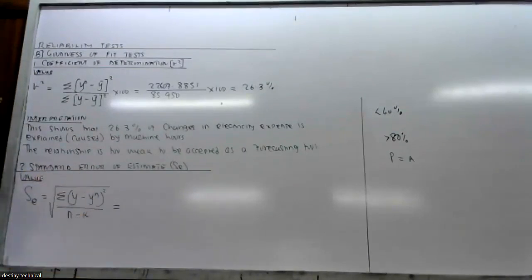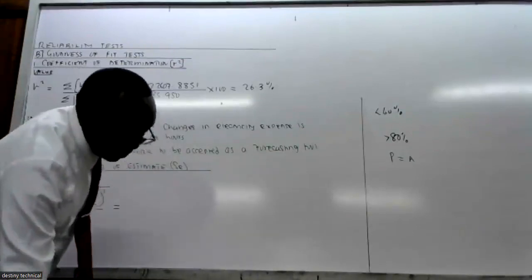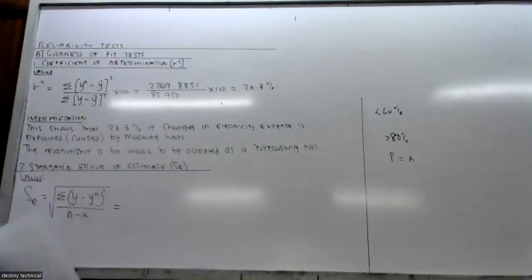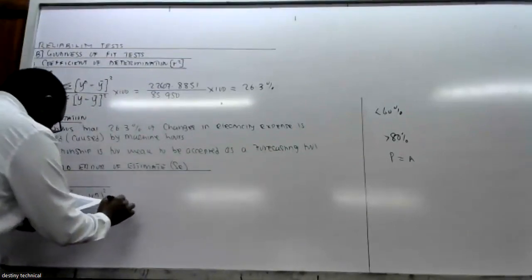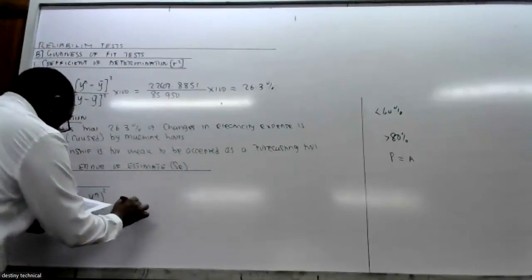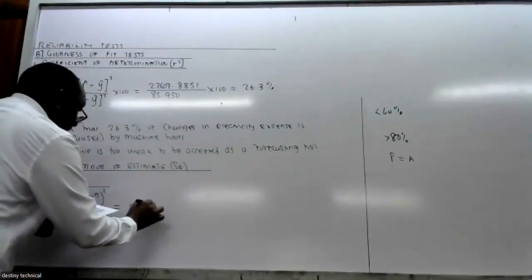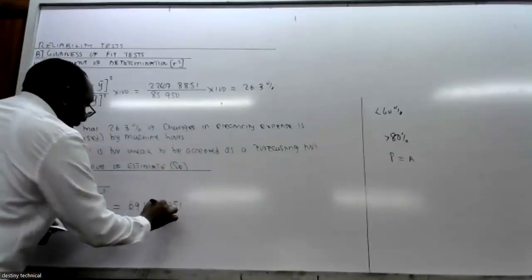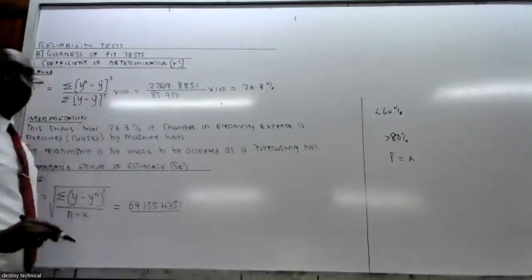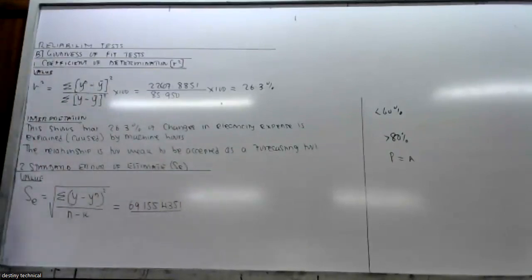So when you look at your notes, the table that we have drawn, if you got y minus y predicted squared, I'm getting 69,155.4351. You divide by n.